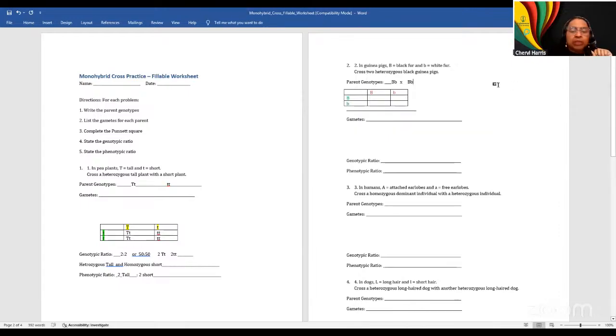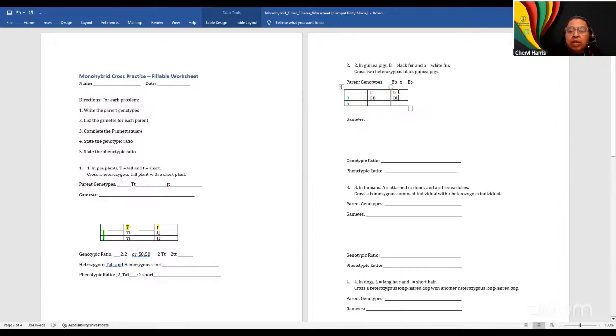Those are our gametes. Then we have to go ahead and fill in the boxes. Now you don't have to do the boxes different colors, because that takes a lot of time. But we are going to take what we have at the top and the one we have on the side, and that fills that box. Then we're going to do this box. You usually do the capital letter first.